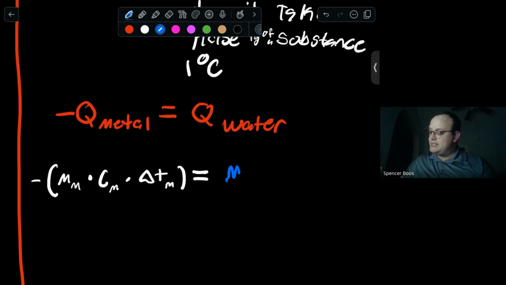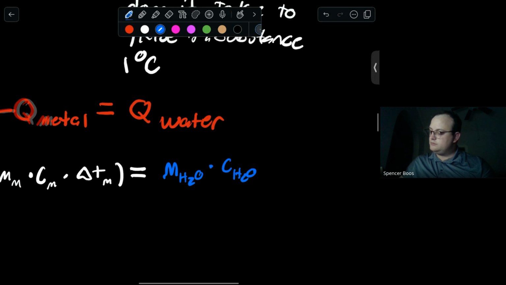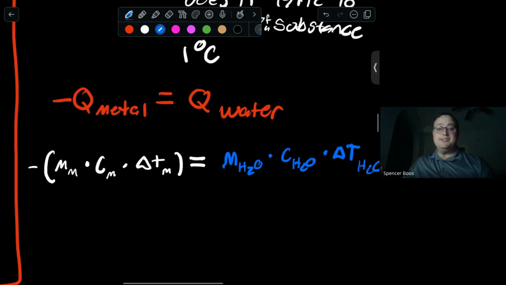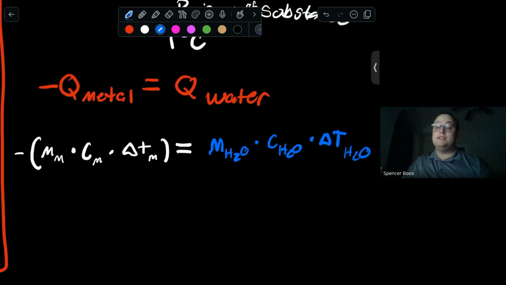We've got the mass of the water times the specific heat of the water times delta T of the water. So this is useful when doing these calorimetry equations. Again, you will need to use this formula here, whenever it gives you like 2 masses, 3 temperatures, anything like that.